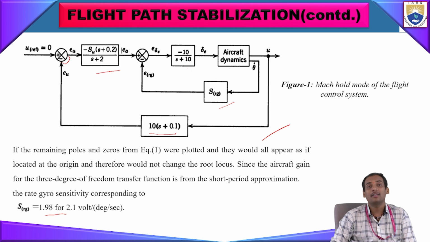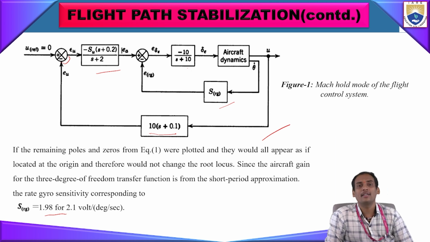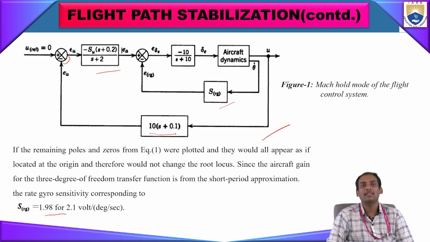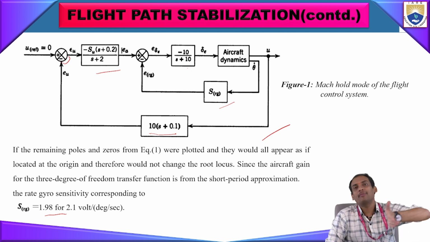Because for the rate gyro value, we are giving it as a feedback. So the feedback is taken from the rate gyro orientation only. That gyro system will control how it behaves with respect to the control input and control output behavior.